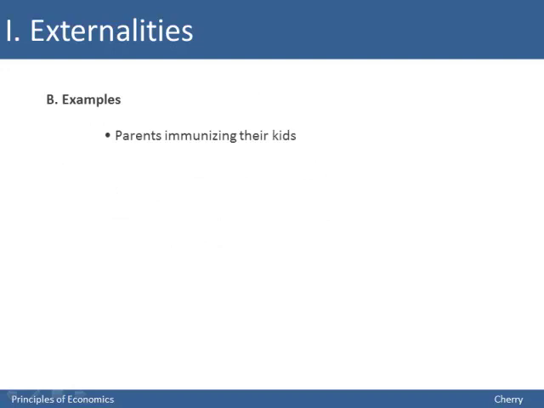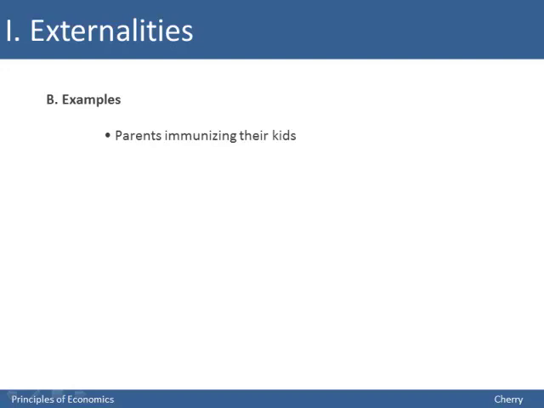So let's start with immunization of children. So parents immunize their kids, and that's a consumption of health care. They're taking care of their kids, they're consuming health care that will make their kids better off, their family better off.